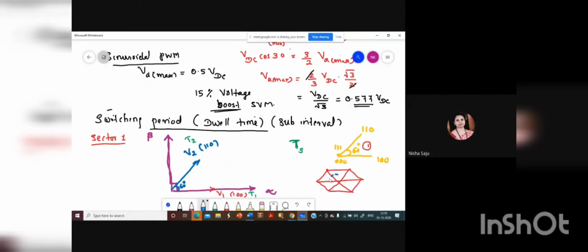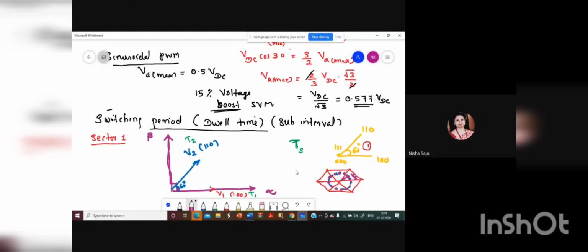You can have different circles, and you can take one reference vector, let this be Vs. You can sample at this point, or at this point, or at this point. You can sample this Vs at any point. There will be a small jump between the two sampling points. And remember, in order to reduce the switching losses also, this sampling is necessary.